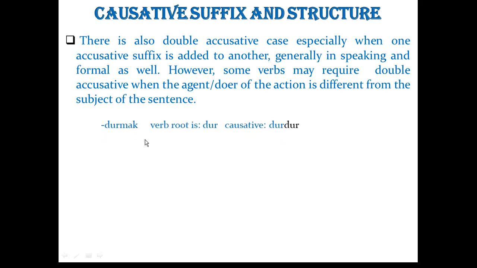For example, durmak, verb root is dur, causative verb is durdur. So, polis kalabalığı durdurdu. Ending with r, remember, requires dur. Police made the crowd stop.